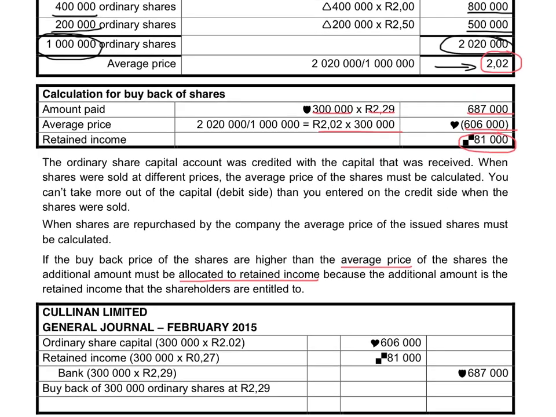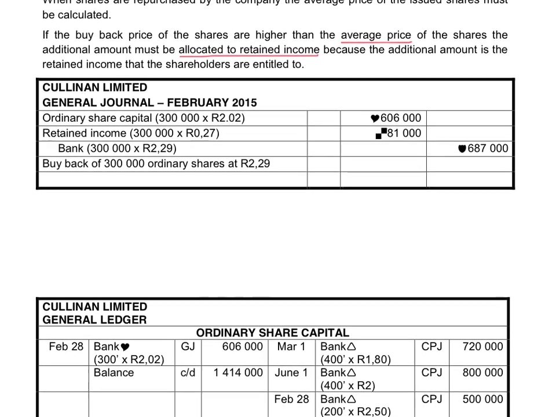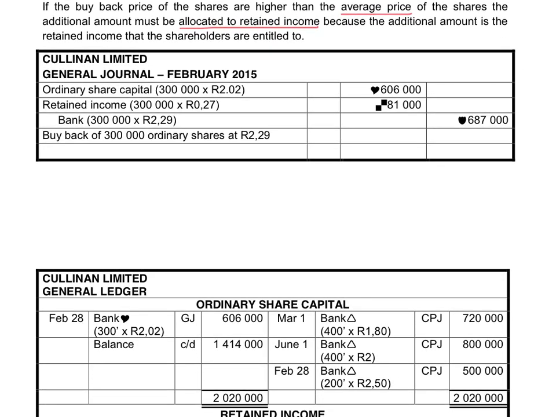If we want to record this journal entry, the ordinary share capital account will be debited with the R2.02 times 300,000 that we buy back, and that means that capital will be decreased by 606,000. For retained income, the amount that's paid back above the R2.02, the difference between 2.29 and R2.02, will be covered out of retained income.